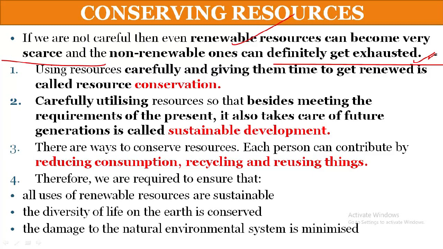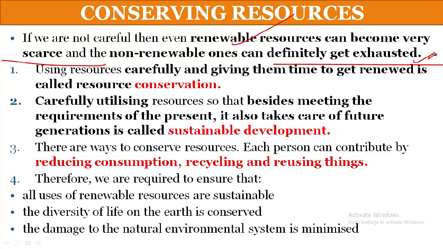And the non-renewable ones, since we have very, very limited stocks, because these resources took millions of years to form and are in the earth's crust in different layers, are definitely going to be exhausted. So let's come to the answer.